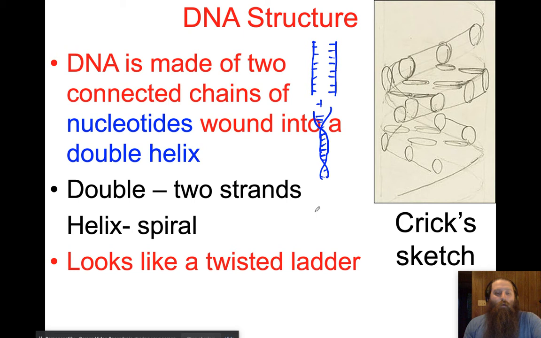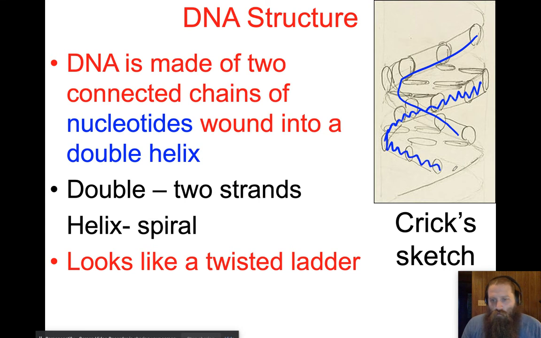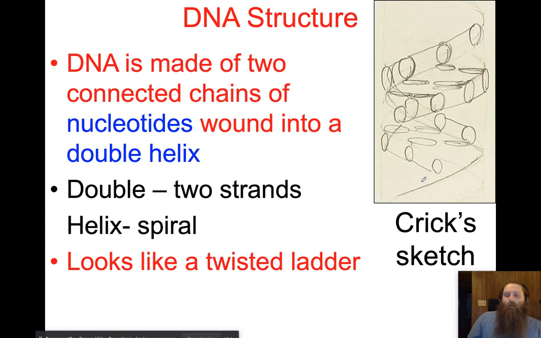Okay? When we say double helix, that's what we're referring to. The 2 different strands. So here's in his drawing, strand 1. All right, and then here, we'll do a squiggly line, is strand 2. Okay? We usually describe it as a twisted ladder.